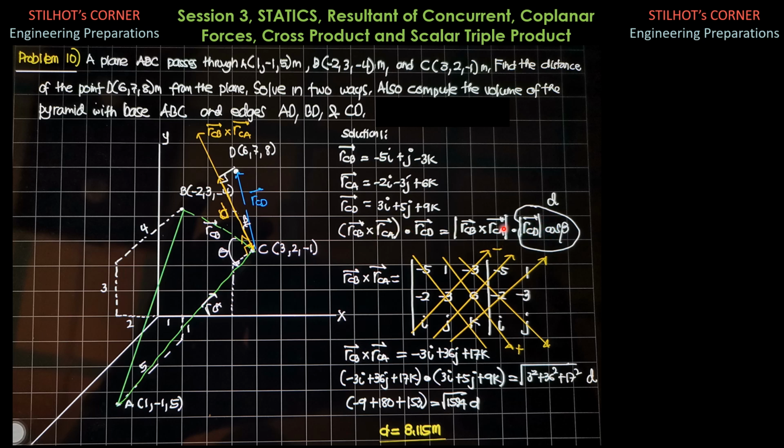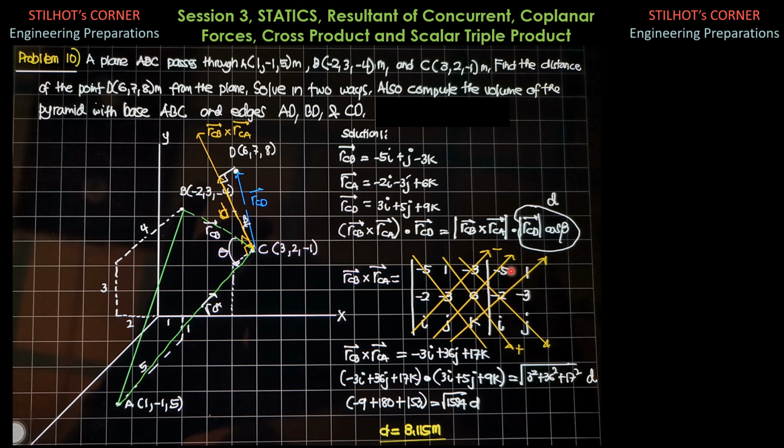Therefore D is simply the result of rCB cross rCA dotted with rCD. So let's define rCB cross rCA first. The components of rCB are -5, 1, -3, and the components of rCA are -2, -3, 6, then unit vectors i, j, k.